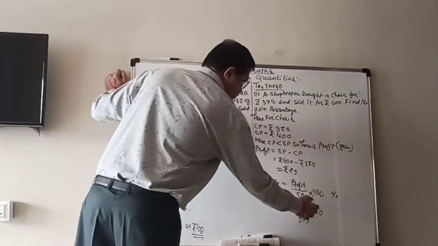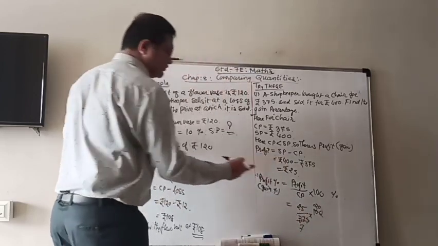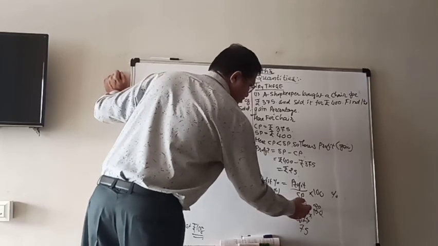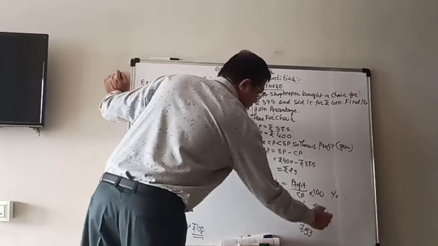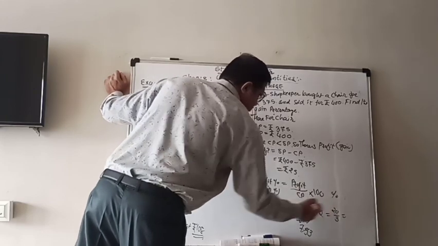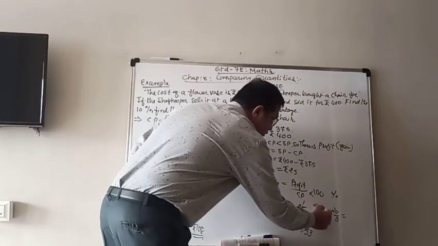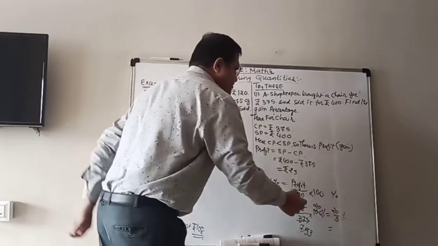Now 25 fours are 100, 5 sevens are 35, 5 fives are 25, and 25 threes are 75. So it is 100 upon 3. We can convert it into the mixed fraction, that is percent. 100 upon 3%, that is 3 33s are 99.